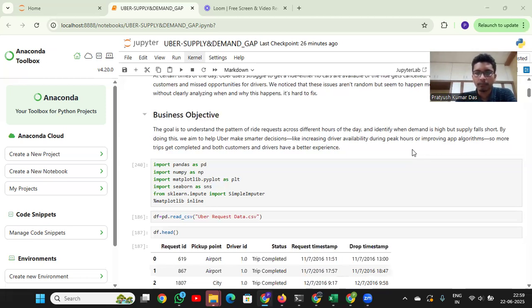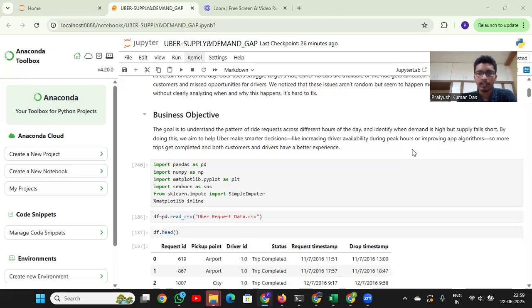By doing this, Uber can make smart decisions like increasing driver availability during peak hours or improving the app algorithms, which is the main thing they have to do. So this was the summary as well as the objective of this problem.